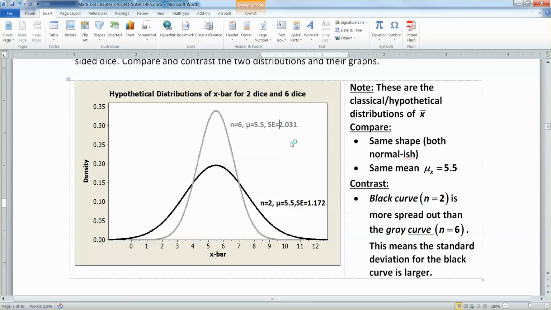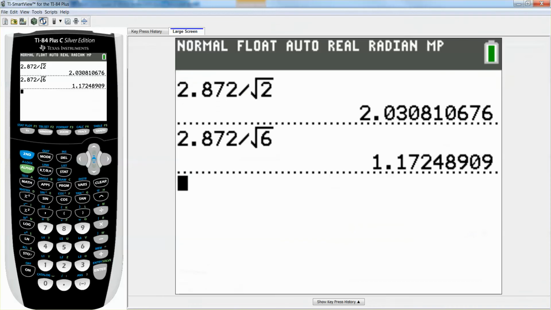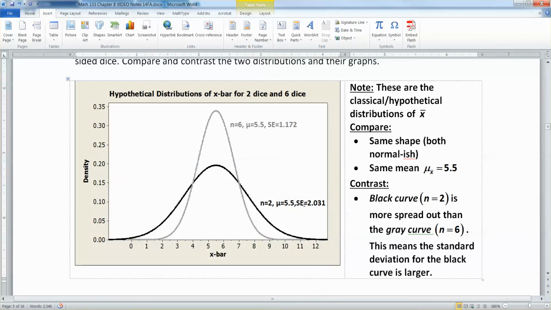Look at that. I'm losing my mind. This one's the 1.172, of course, because it's got smaller spread. And this one has the bigger spread. There we go, 2.031. So the black curve has more spread, larger standard error than the gray curve, which has smaller spread, so it's a smaller number for standard error.